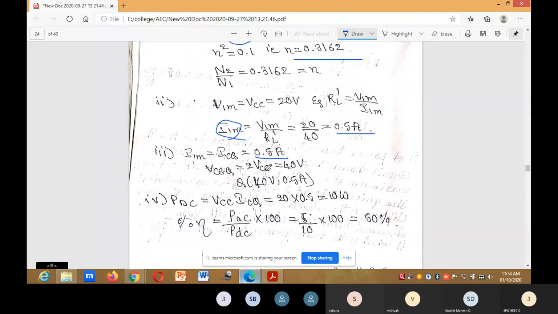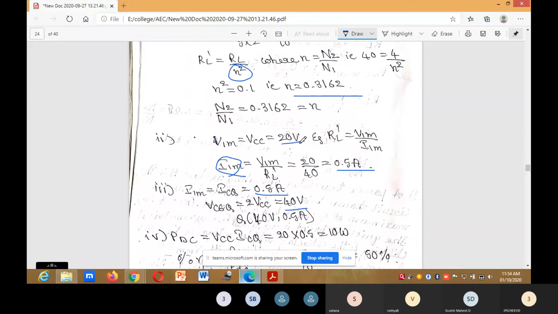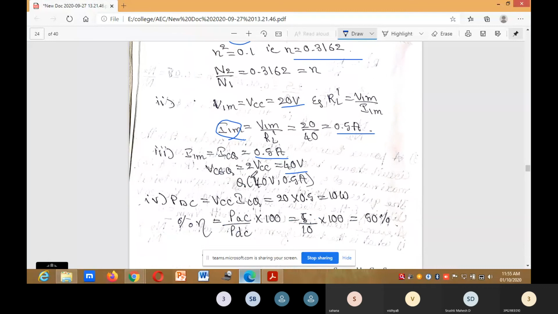VCEQ is equal to 2 VCC is equal to 40 volts. They have given that VCC is equal to 20. But what about VCEQ? VCEQ is equal to 2 VCC. So 2 into 20, you will get 40 volts. Q coordinates VCEQ and ICQ.